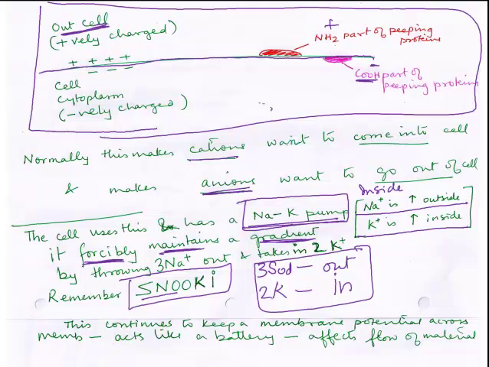The cell uses ATP for this process. By this process, it sort of maintains a lot of pluses on the outside and minuses on the inside. This continues to keep a membrane potential across the membrane. This acts like a battery and affects the flow of different materials into the cell. So you understand how a sodium-potassium pump works.